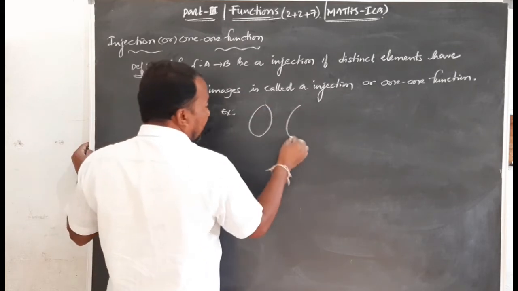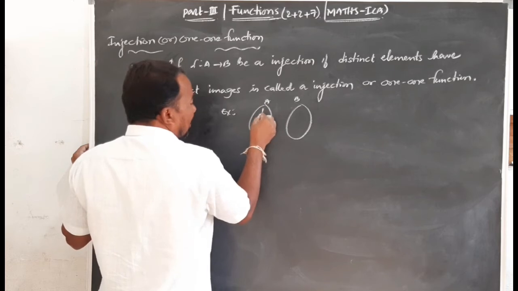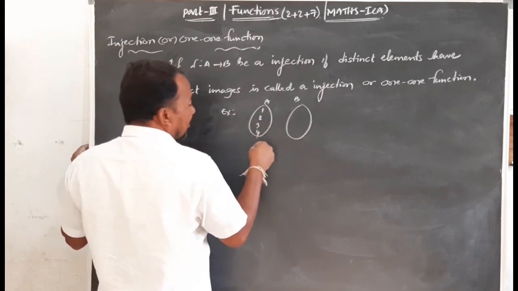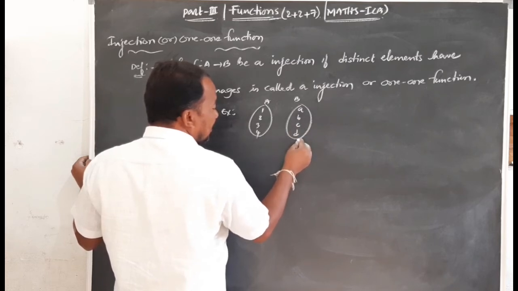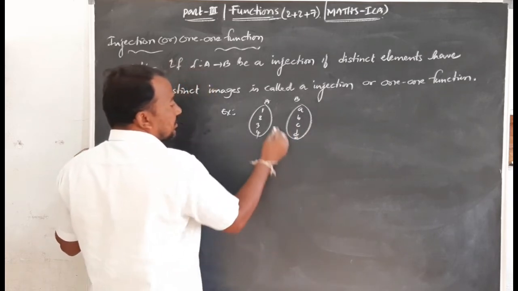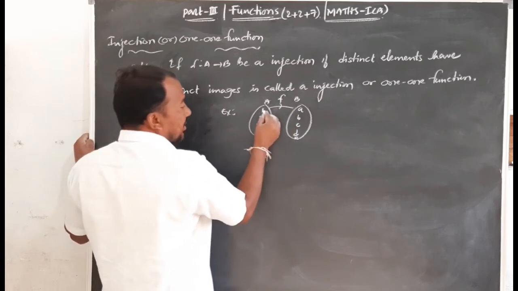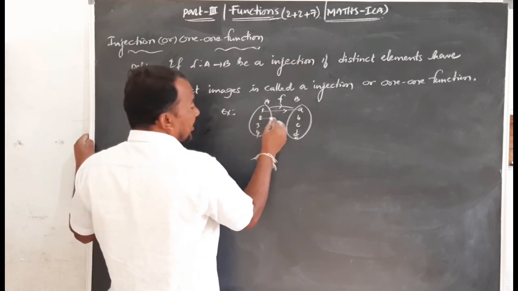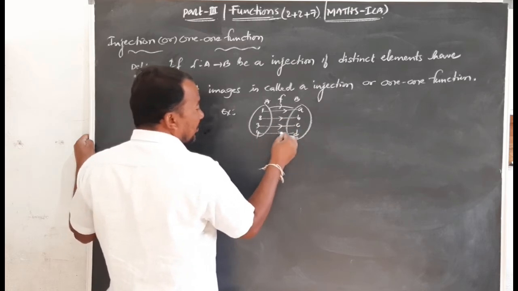So A is 1, 2, 3, 4 and B is a, b, c, d, e. The relation f between A and B: 1 to a, 2 to b, 3 to c, 4 to d.